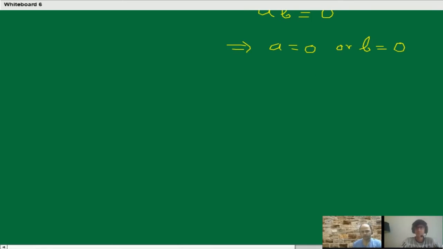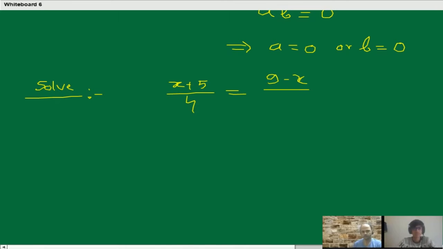Okay, so now let's say we need to solve for x. Here it is x plus 5 over 4 equals 9 minus x over x.